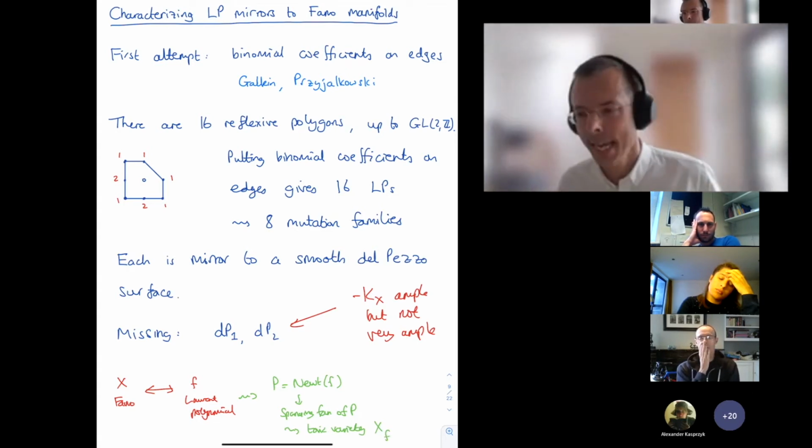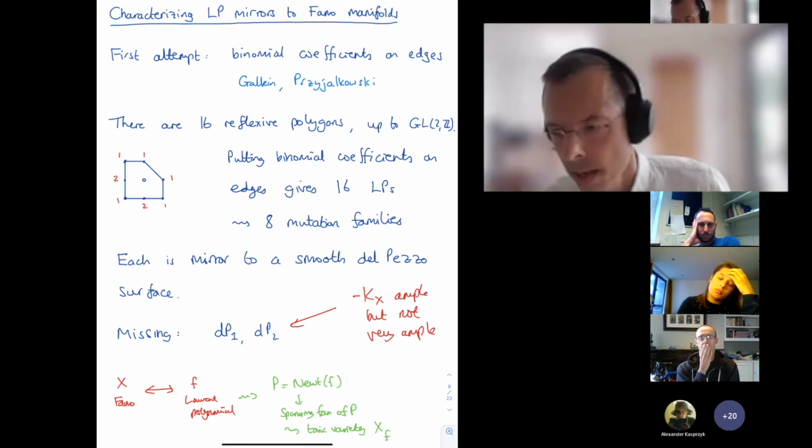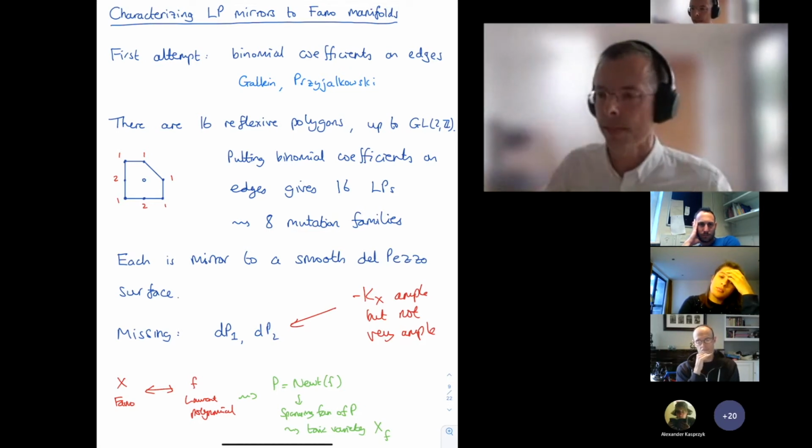I should probably write it as XP because it doesn't actually depend on the Laurent polynomial itself, it only depends on its Newton polytope.